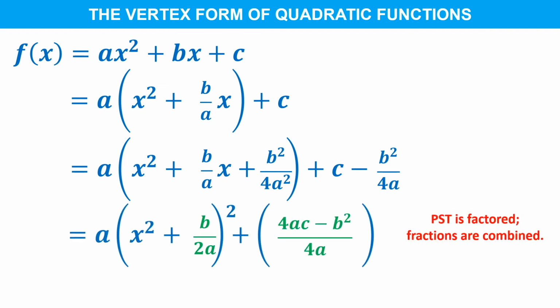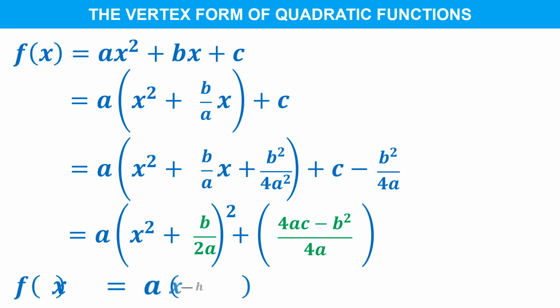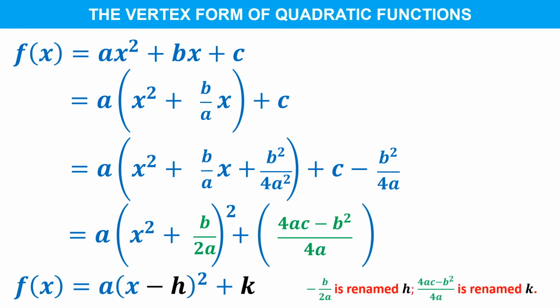This will result to a quantity x plus b over 2a quantity squared plus quantity 4ac minus b squared all over 4a. Finally, rename negative b over 2a as h and 4ac minus b squared over 4a as k. This is the vertex form of the quadratic function.